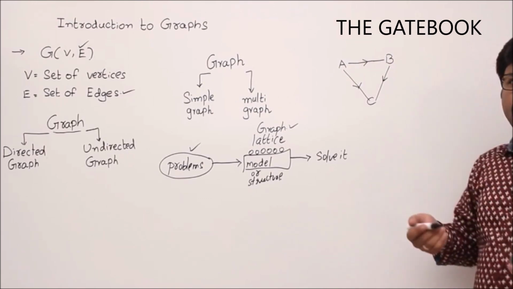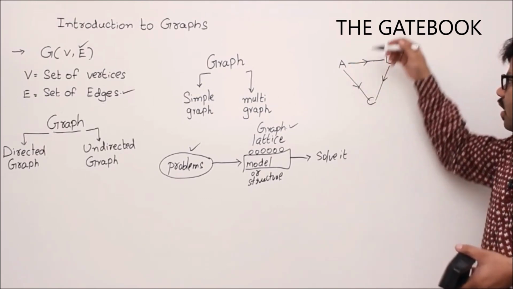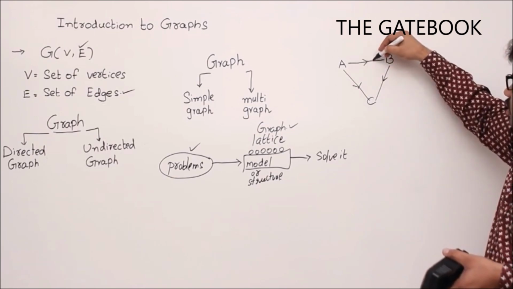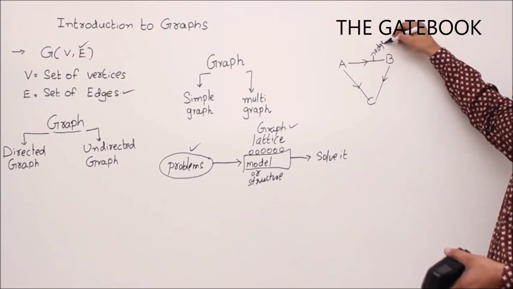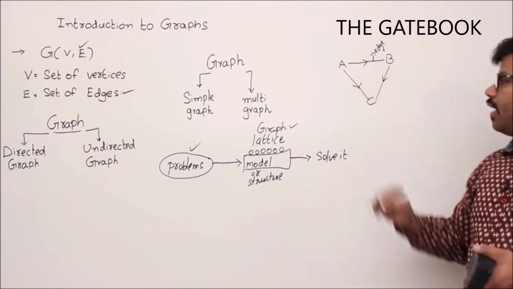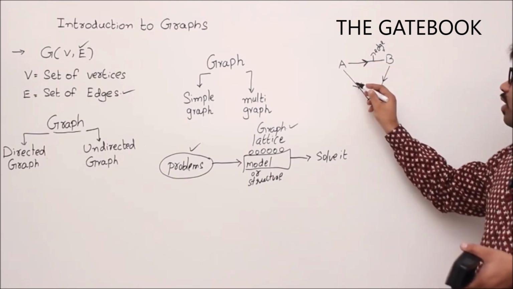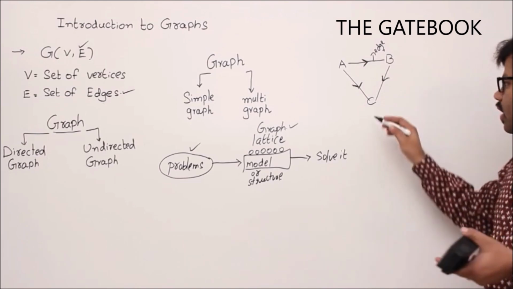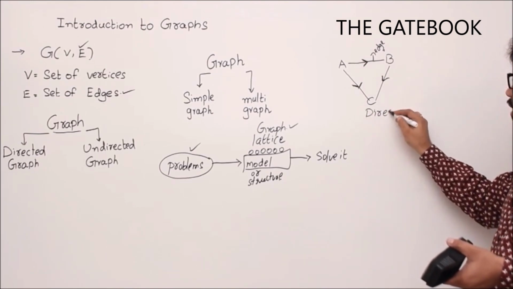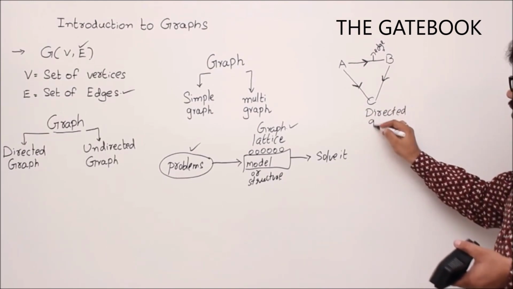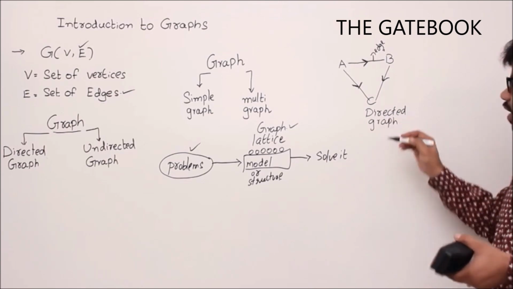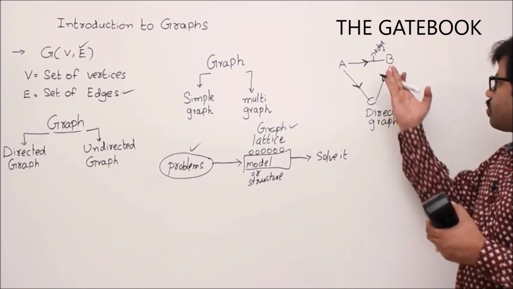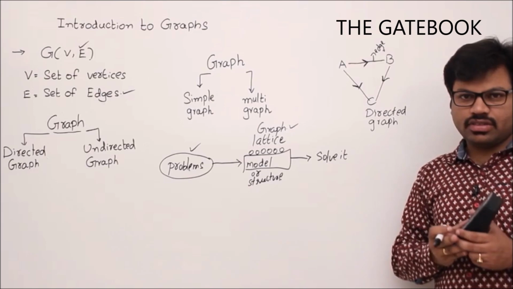Usually in pictorial form we represent a relation like this, as an edge, and we put an arrow. Whenever we keep arrows, sometimes we require it, depending on the real world problem, then that graph becomes a directed graph. Understand?